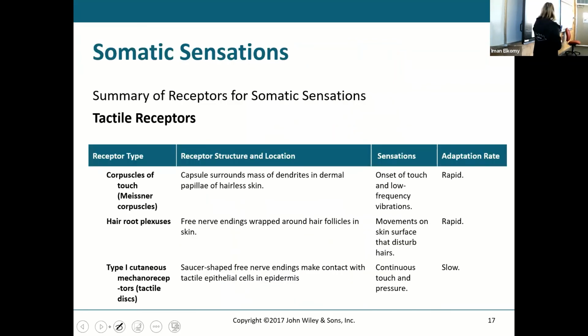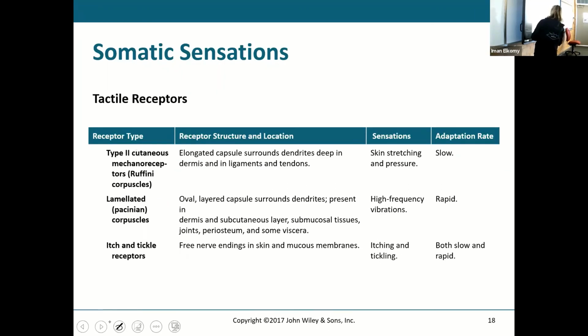Okay. And then, let's see, this is a chart of my different tactile receptors, things like your Meissner corpuscle. Remember, Meissner was touch, Meissner massage. That's the only one on that page that I need you to know. And then it goes on through all of them. You don't have to know all of these.